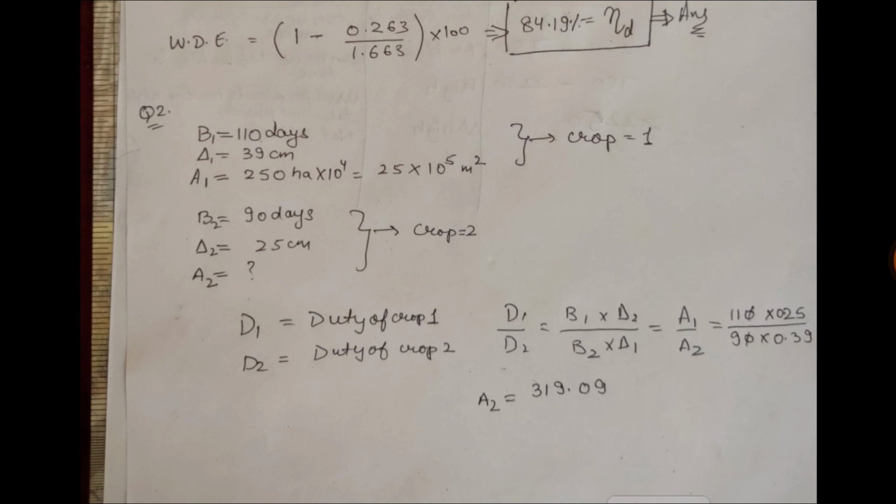In this question you have been asked to find the area of the second crop which is being irrigated by this much delta of water. From A1 and A2, the value of A2 will be 319.09. Conversion should be correct.